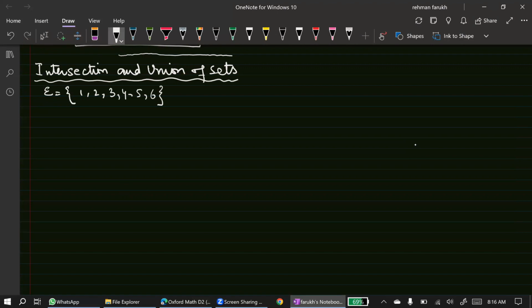There is a set A, the set of prime numbers. And there is a set B, the set of even numbers.